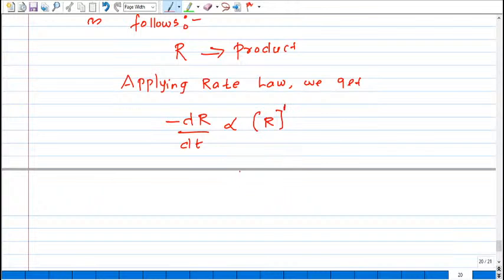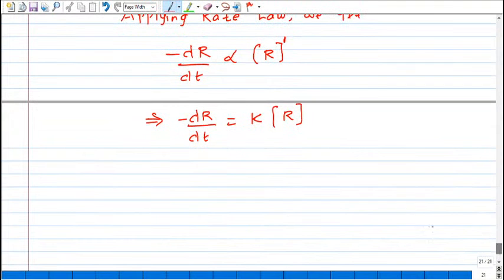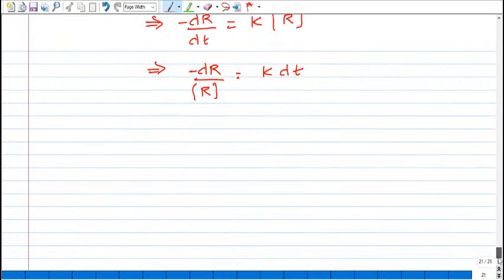It is a first order reaction. Then the next step, minus dR by dt, I can introduce the value of K constant if I remove the proportionality, active mass of R. Then I can take R to one side: minus dR by R, active mass, is equal to K into dt.